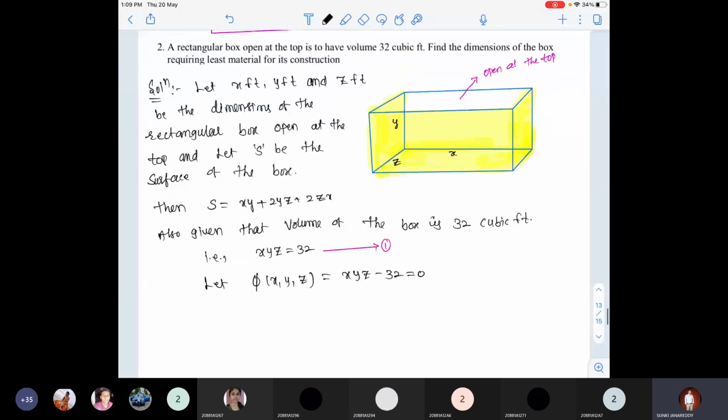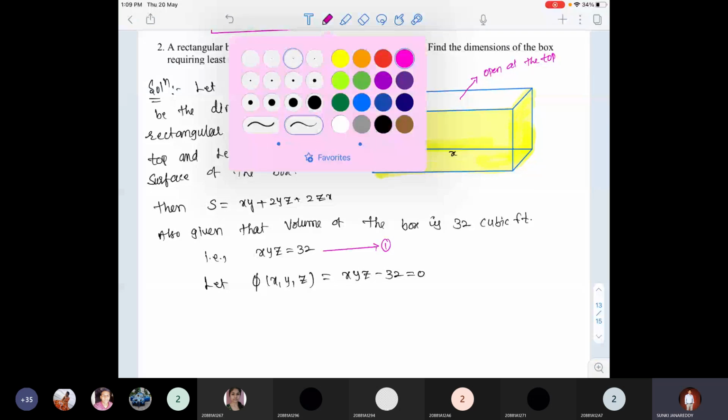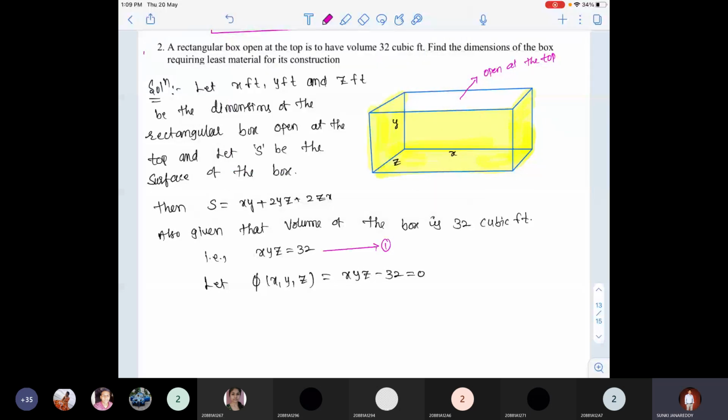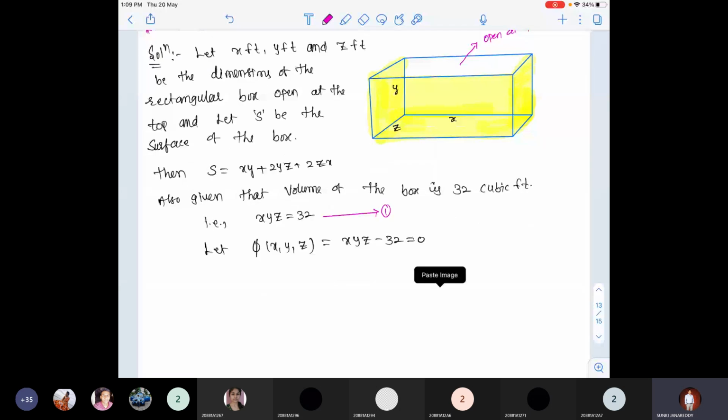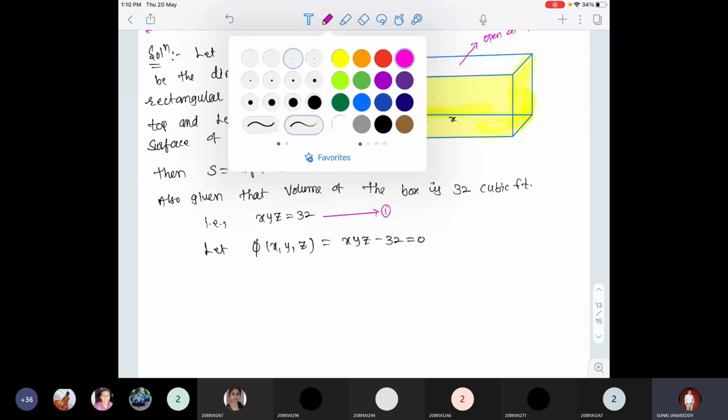Okay, now write down. Here, first, what is the first step? Consider the Lagrangian function.